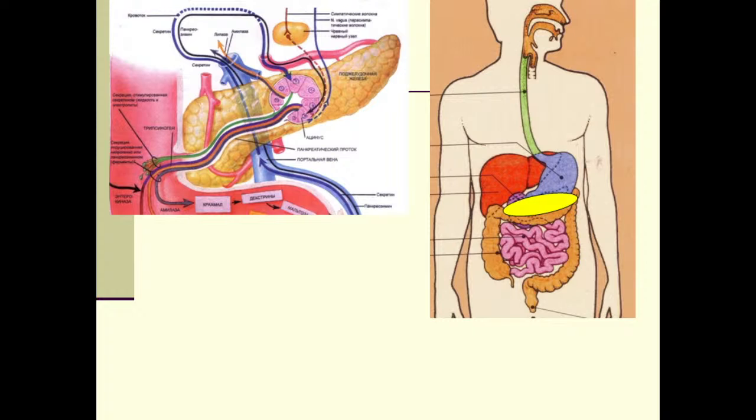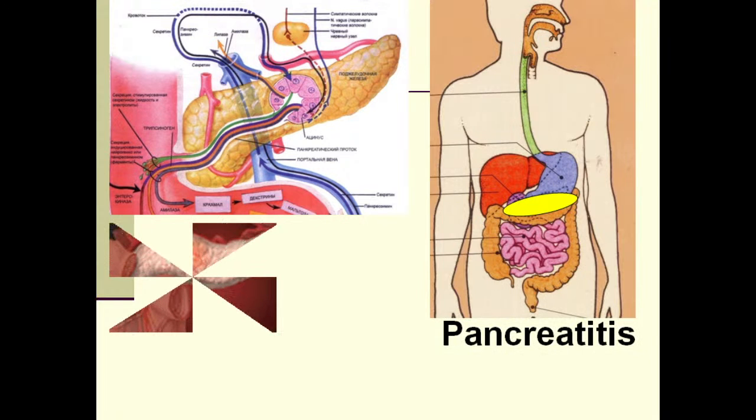If there is some problem in the common duct or increased pressure in the duodenum and some bile is regurgitated into the pancreas, activation of its enzymes will occur in the pancreas, and as a result, a self-digestive process, which manifests as acute pancreatitis, pancreonecrosis.